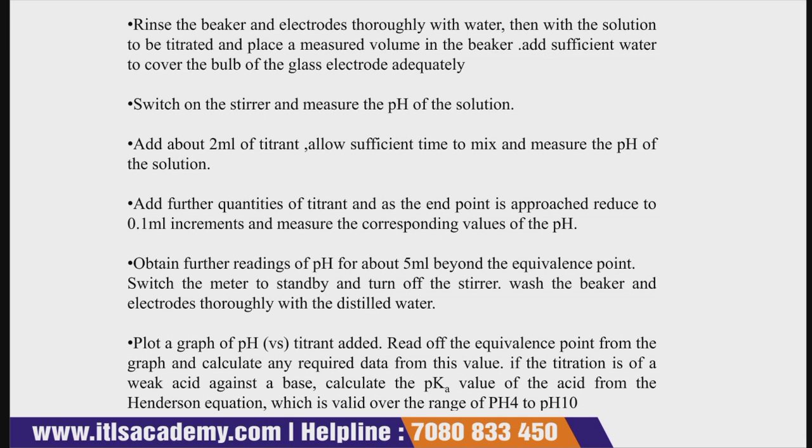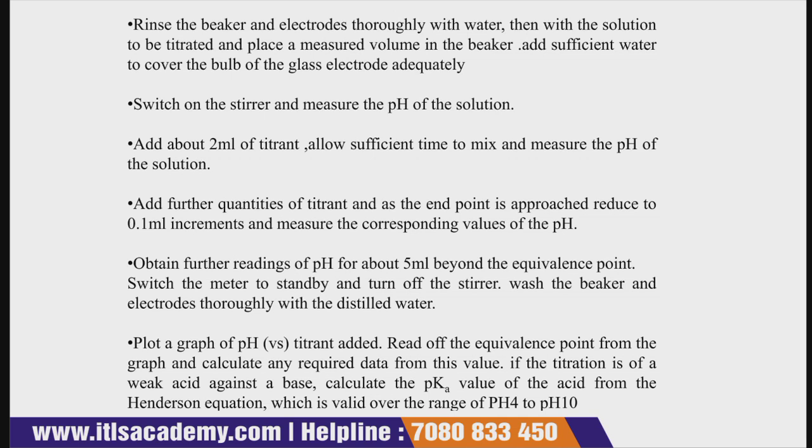Then after you obtain the pH readings for about 5 ml beyond the equivalence point, you have to switch the meter to standby and turn off the stirrer. Wash the beaker and electrode thoroughly with distilled water.